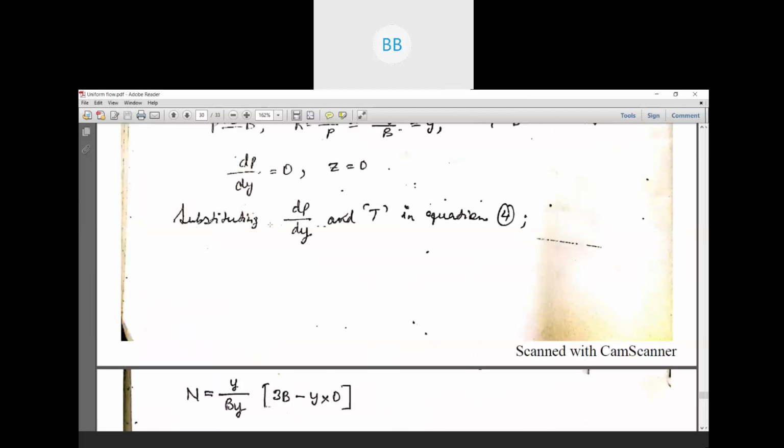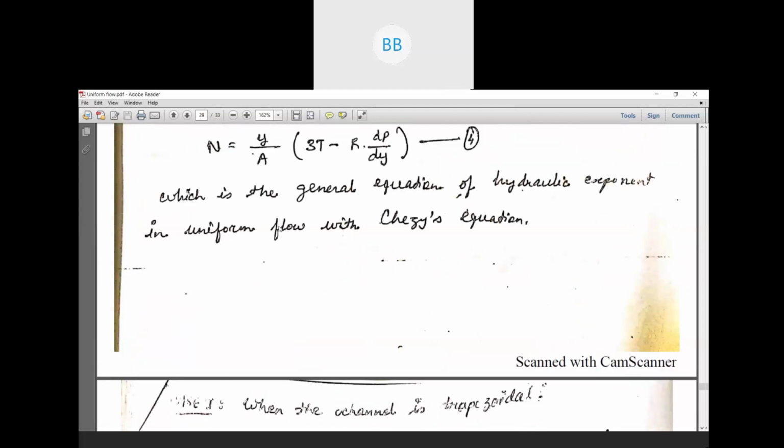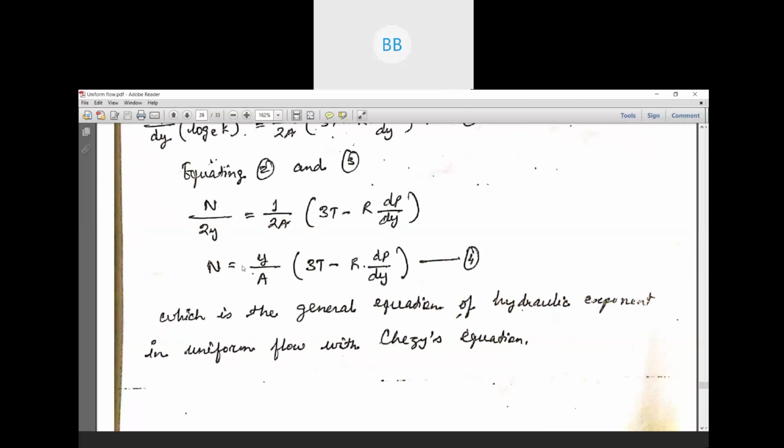So in the general expression here, the area will depend on what kind of channel it is. If it is trapezoidal, then in place of area, we have to use the trapezoidal area equation.